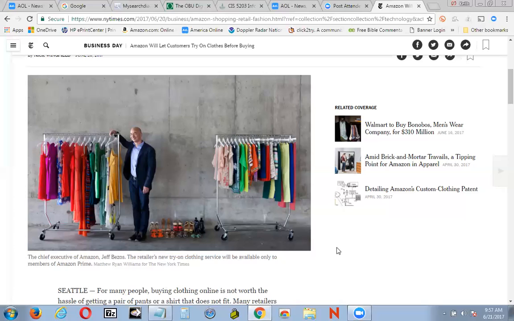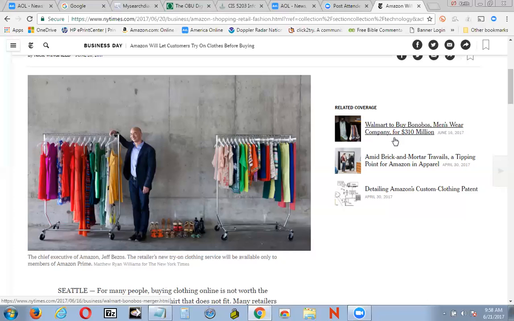Now, if you see right here on related coverage, Walmart has just bought a menswear company for $310 million. So here we see Amazon getting into clothes, then Walmart buying a men's clothing line. And as I said before, you see these two shaping up. These are the two big dogs on the block, and we're going to see who might be the winner, or maybe they will coalesce into what typically happens in these industries.